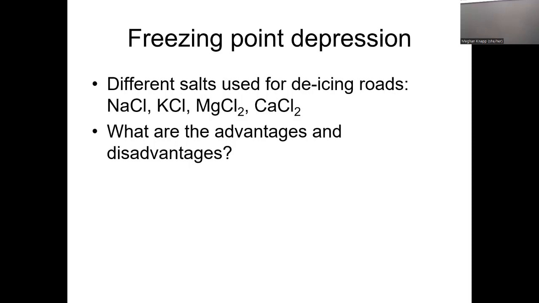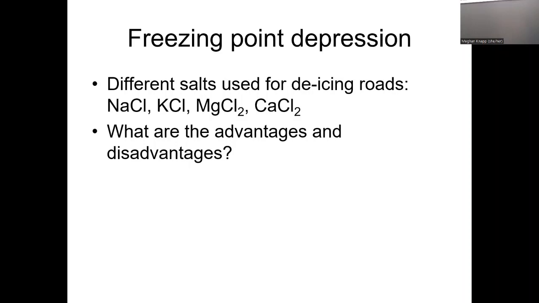So what do you think? Would I have more moles of particles for the calcium chloride at, say, 1,000 grams, or more moles of particles for the sodium chloride? So if I'm just looking at those two, sodium is about 23, calcium is about 40, right?